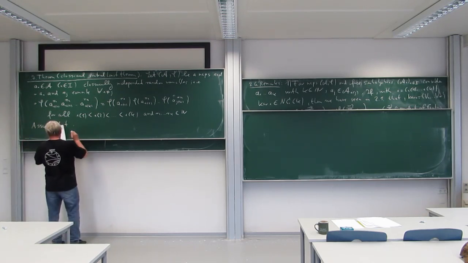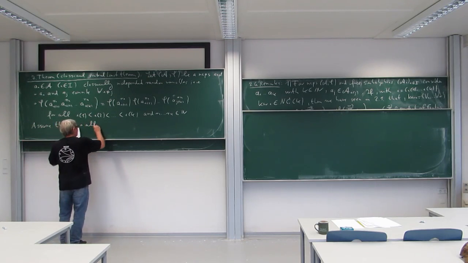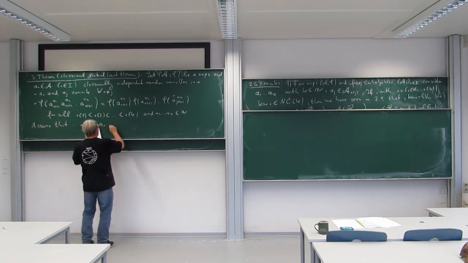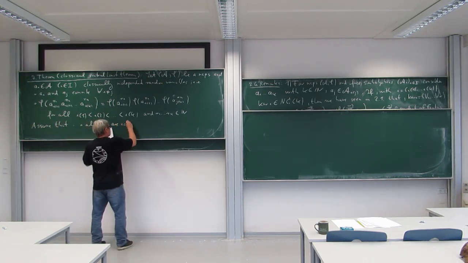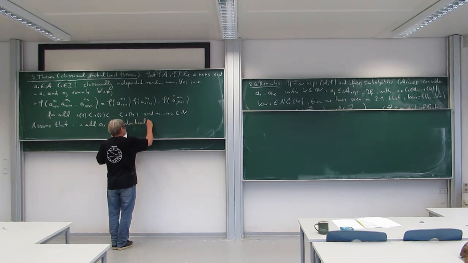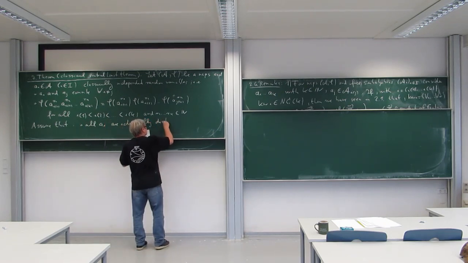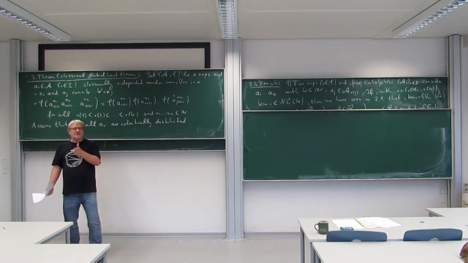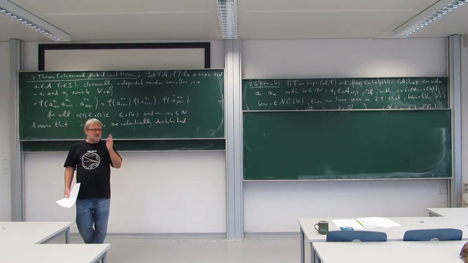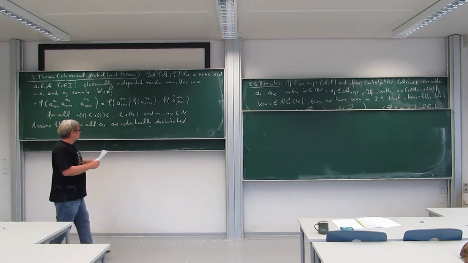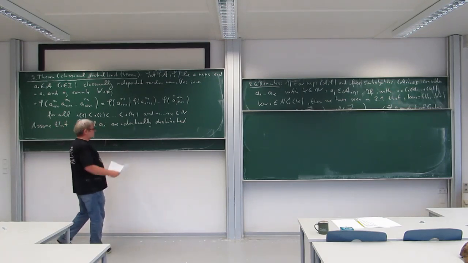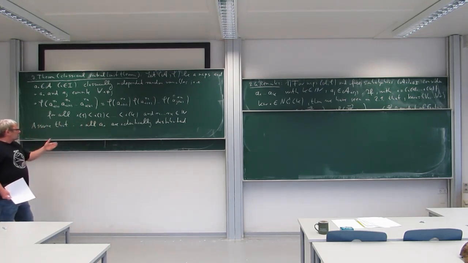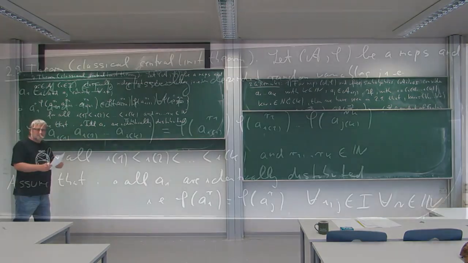So I assume furthermore that all the Ai are identically distributed. This means I have a sequence of IID random variables, independent and identically distributed. And identically distributed just means that all their moments are the same.